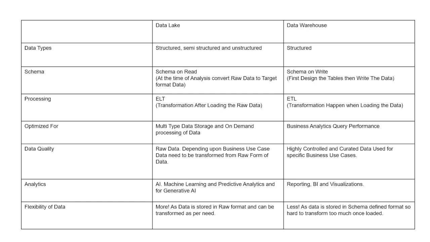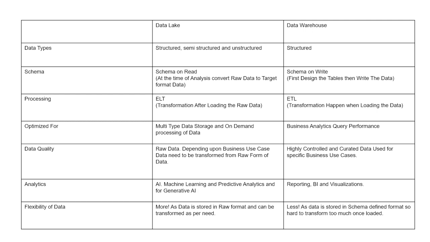Now, data lake is optimized mainly to store multiple types of data and for on-demand processing of the data, whereas data warehouse is optimized for business analysis query performance, because it's a business analytics system, right? You have to just focus on the performance of your query. Now, on the quality of data, data lake is raw data, so the quality will be a little bit lesser, but in the current scenario we are maintaining a bit of quality in the data lake, because otherwise the data lake becomes a data swamp.